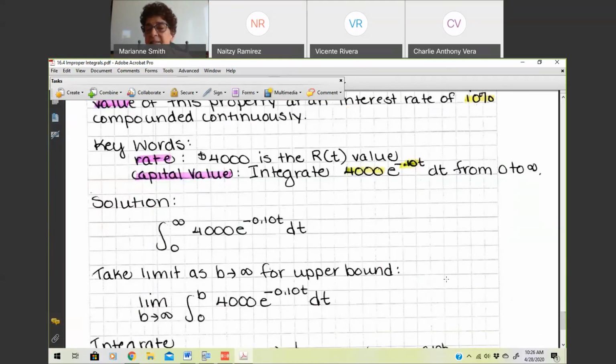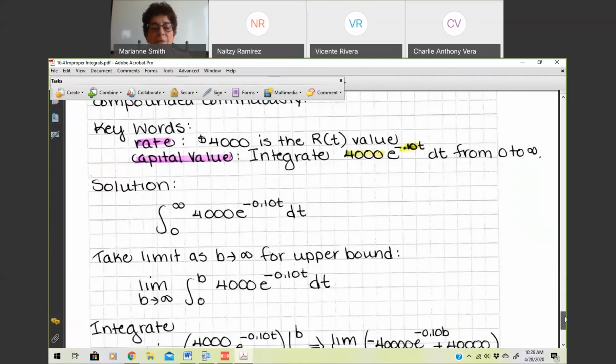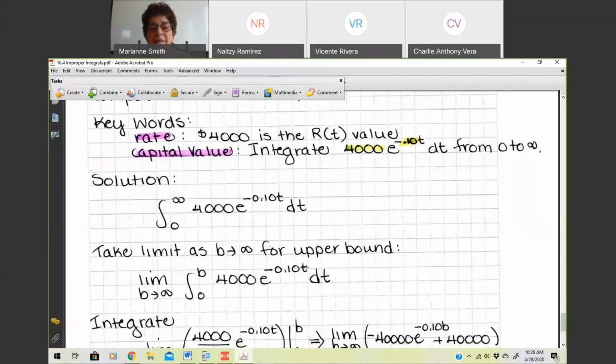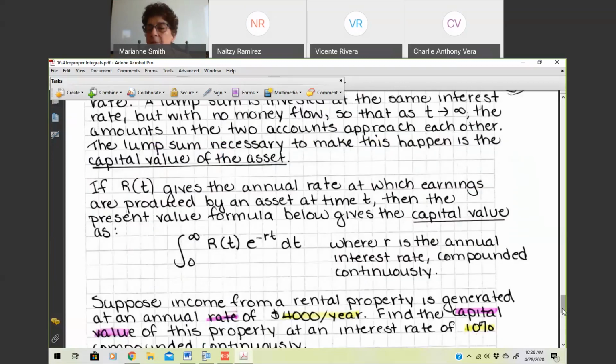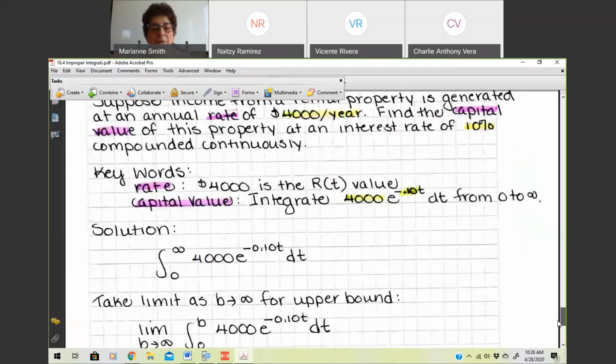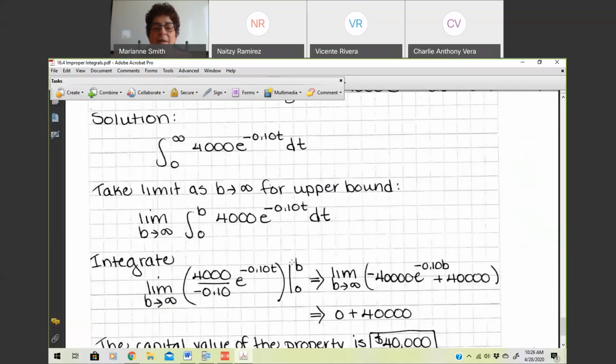But this is an easy integral. You're going to pull through the 4,000. This integrates as e to the negative 0.10t over negative 0.10. So here's the integral, and we're going to evaluate that from 0 to b.